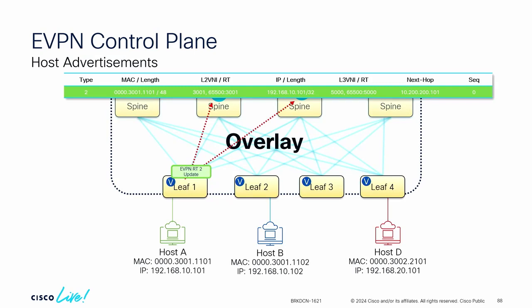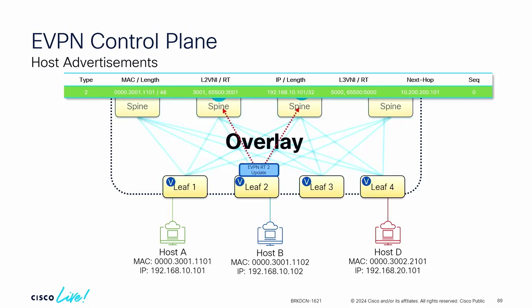Now I have the IP address, its length, the host route, and I have an L3 VNI with the L3 VNI identifier and the autonomous system, and this combination becomes the route target, that uniqueness we talked about earlier. And again, the next hop is going to be the source VTEP here. So this is how I'm building that information via EVPN and BGP with route type 2s for layer 3 VNIs on host advertisements.